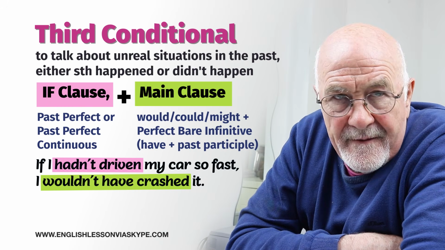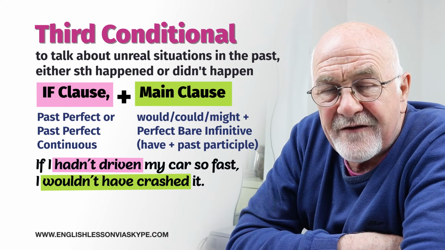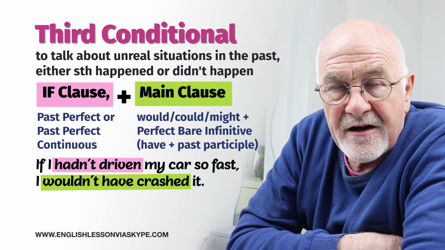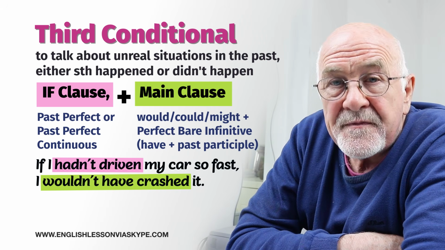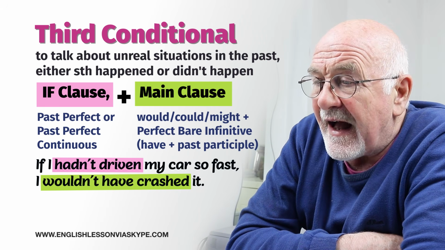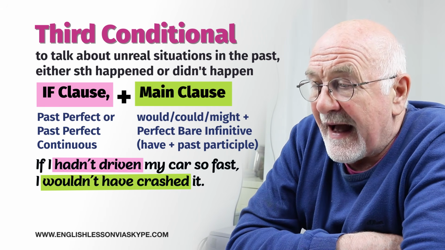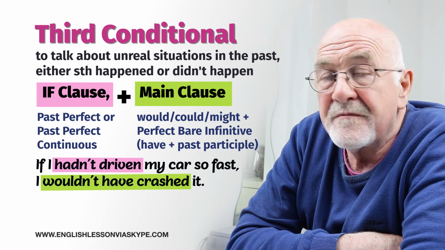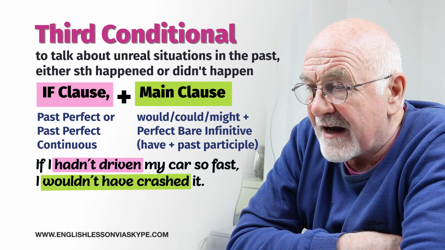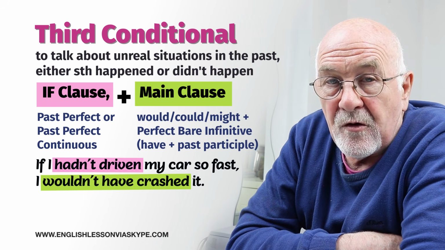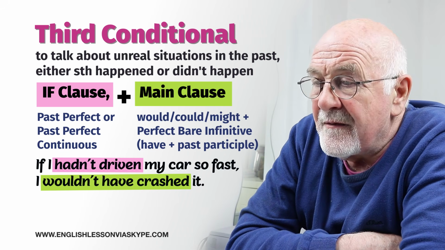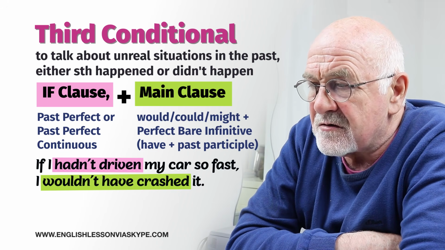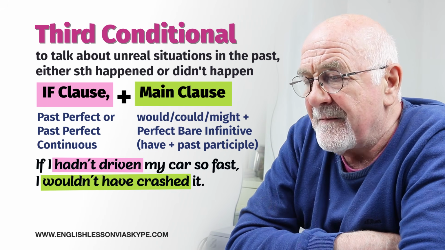So if followed by the past perfect, if I hadn't driven, okay, past perfect, if I hadn't driven my car so fast, and then the next clause, I wouldn't have, and here's our perfect, wouldn't have crashed. So, I wouldn't have crashed it or my car. Okay, so my sentence is, if I hadn't driven my car so fast, I wouldn't have crashed it.